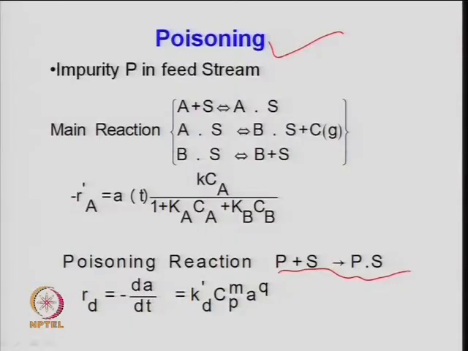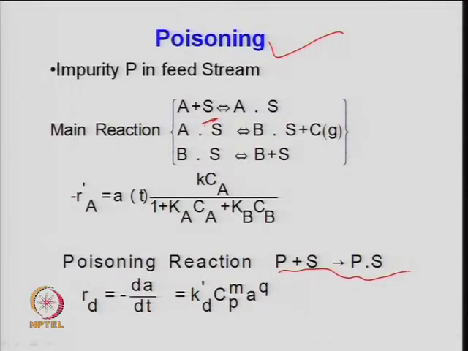This is the main reaction, where we are assuming that A, which is a reactant species, adsorbs on the active site of the catalyst S and gives an intermediate complex, which we have already discussed, A S. This A S is your surface reaction, so it transforms into a species B S and some C, which is a product gas, and then B S gives you product B and the site is free.